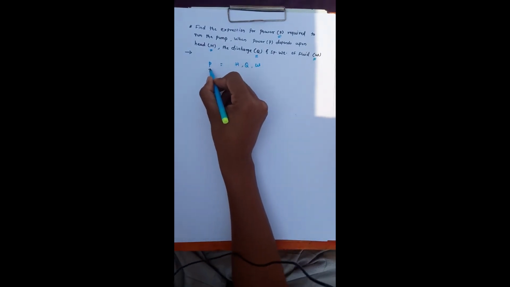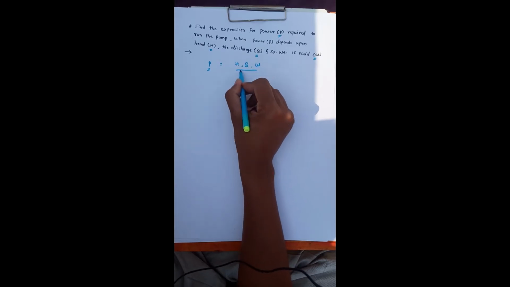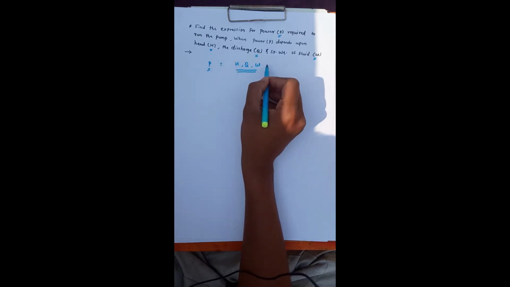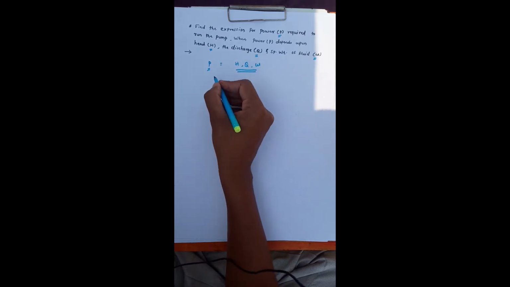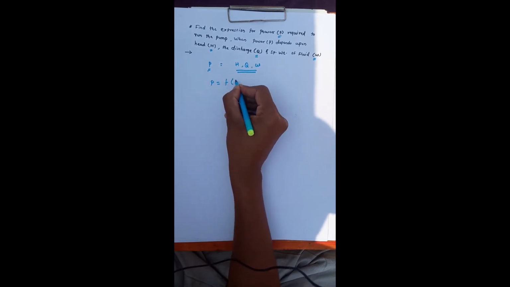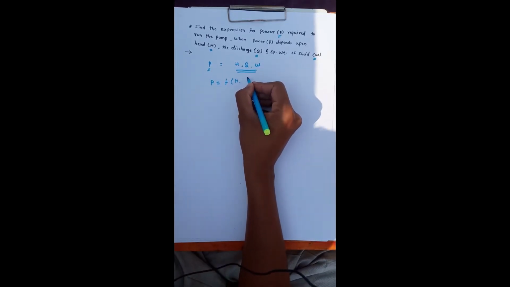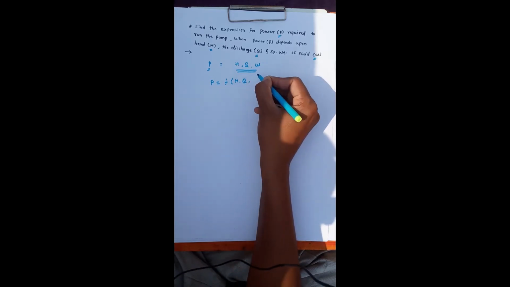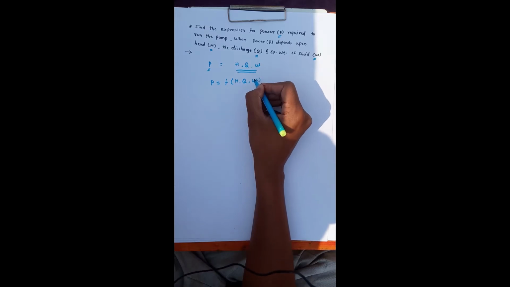So P is called the dependent variable, and H, Q, w are called the independent variables. As power depends upon these three independent variables, this can be written as power is a function of head available at the centrifugal pump, discharge, and specific weight.